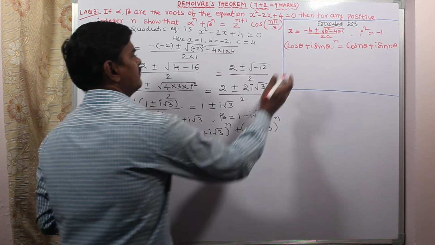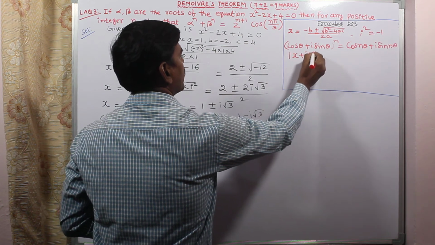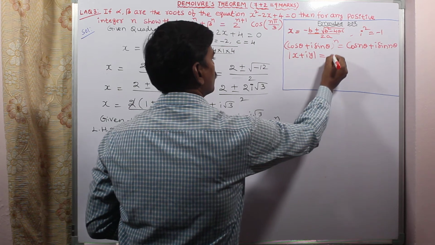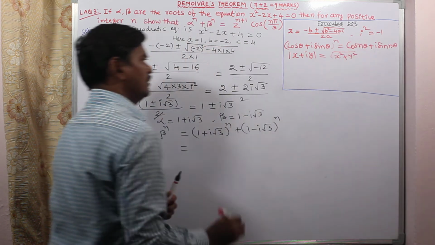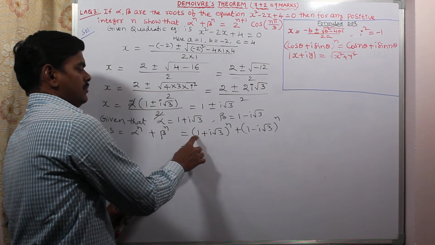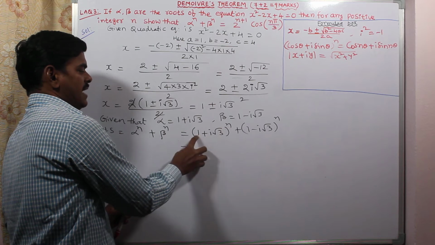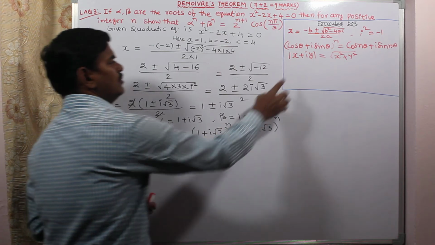In this situation, we have to remember the mod of x plus iota y formula. Mod x plus iota y is equal to root over x square plus y square. Here x is equal to 1, y is equal to root 3.